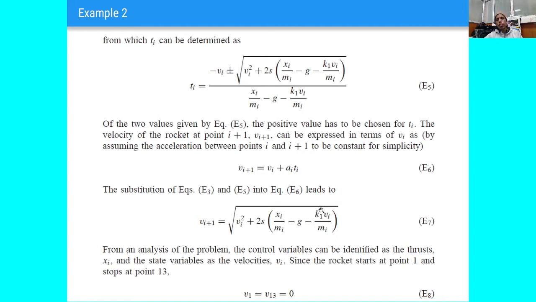Up to equation number 7 I hope everything is clear to each one of you.